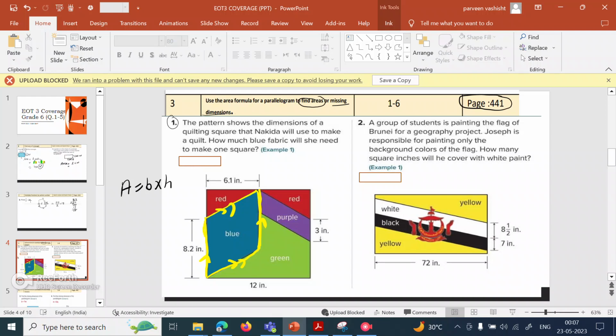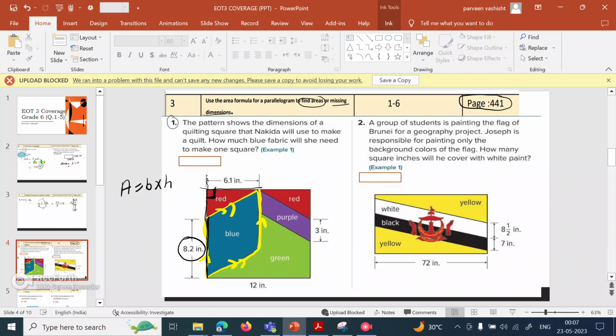Area of a parallelogram is given by base into height. Look here, girls, this is the base of this parallelogram. But how will we find the height? We can extend this side and this is the height. Why? Because this is a 90-degree angle.